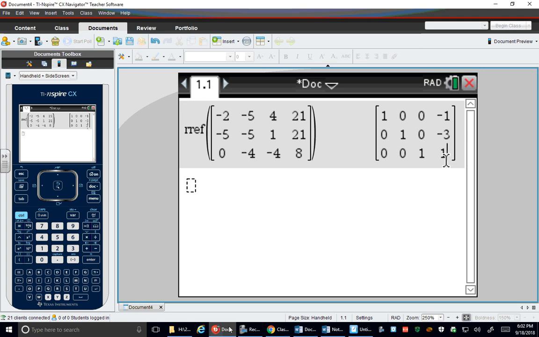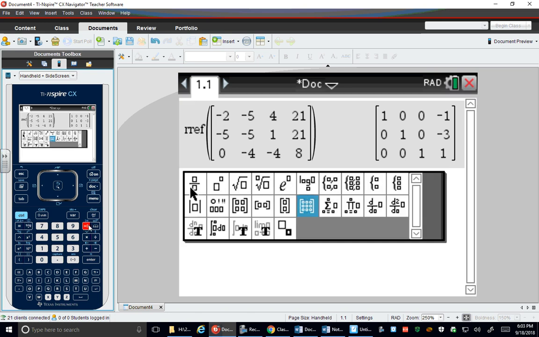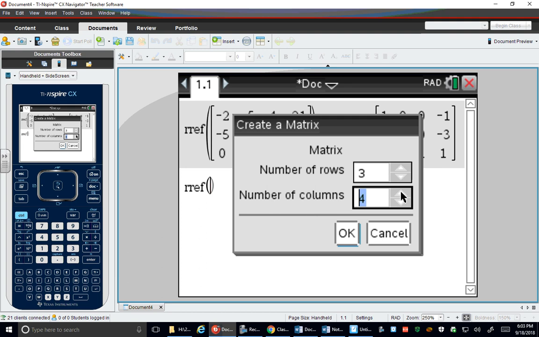So keep in mind the other way I showed you guys in the other video is you can type RREF. So RREF, whoops, parentheses, sideways face. So two kind of ways of approaching it. Which way do you like?